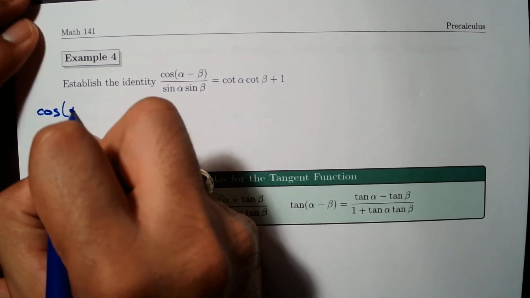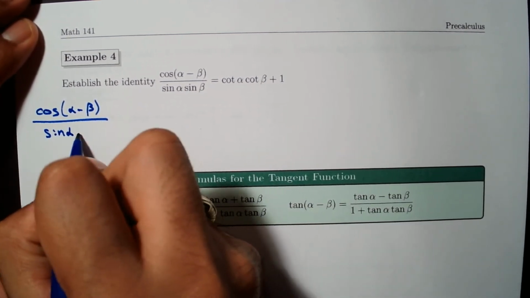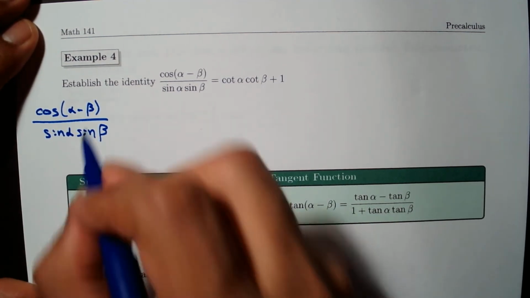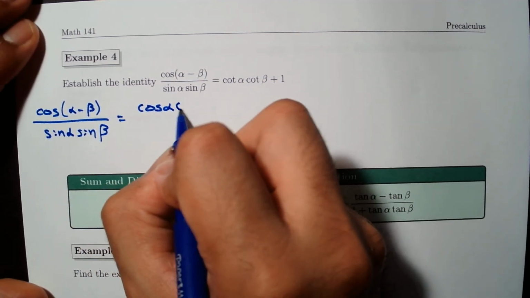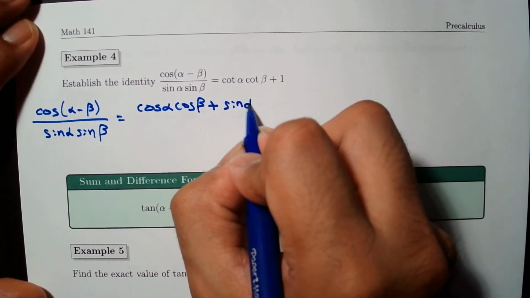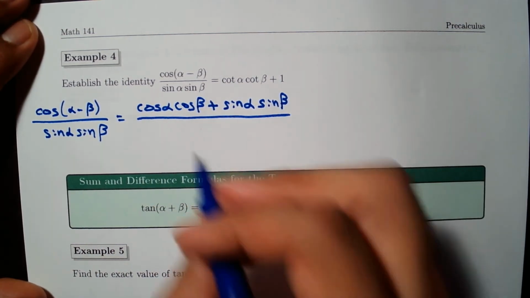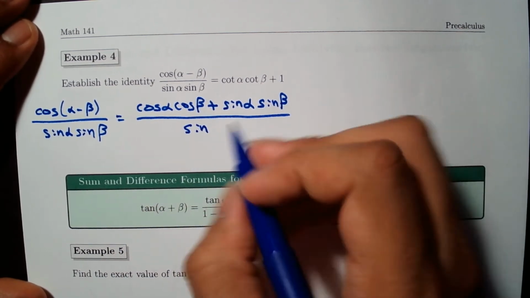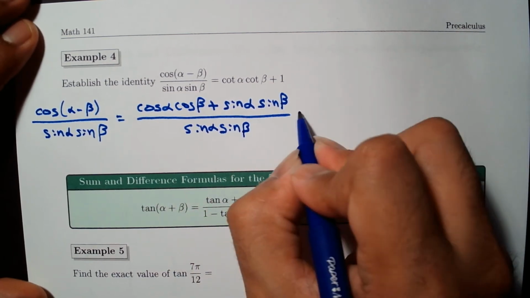Okay, so I'm going to start by writing cosine alpha minus beta over sine alpha sine beta. Okay, and I'm going to write that as cosine alpha cosine beta plus sine alpha sine beta, and then this is going to be over sine alpha sine beta.